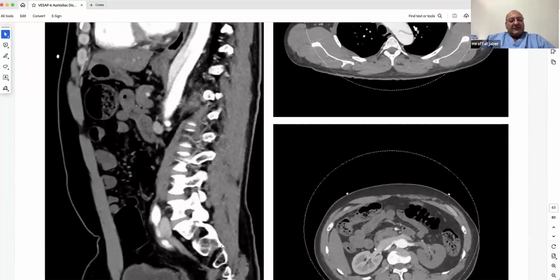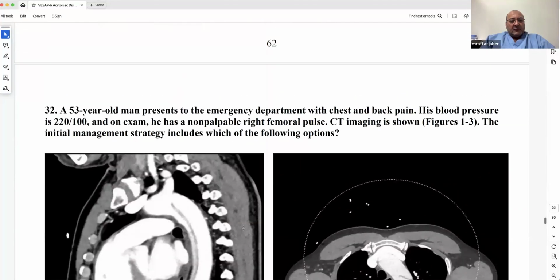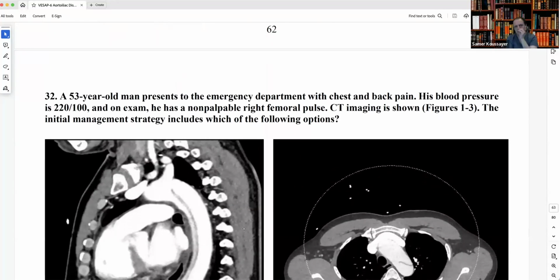And then the second highlight I have: is the left common femoral out on this patient, or which one? Both of them or one? The right common femoral. So you have to cut down on the right femoral. In these cases, one of the things is you have to cut down on the right as well, and be ready to do a fem-fem if you need to.